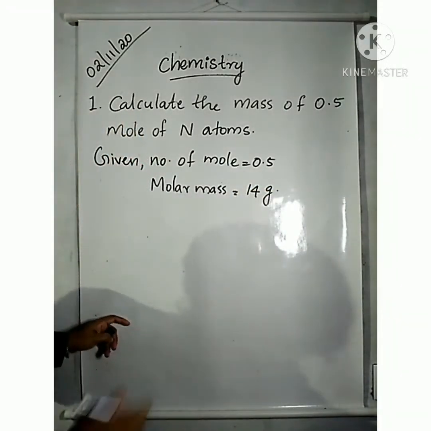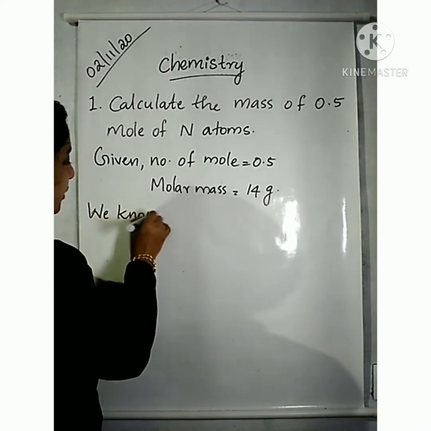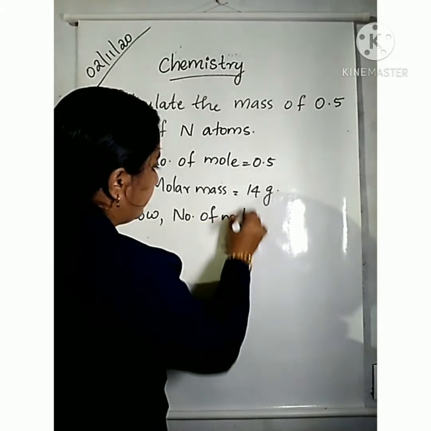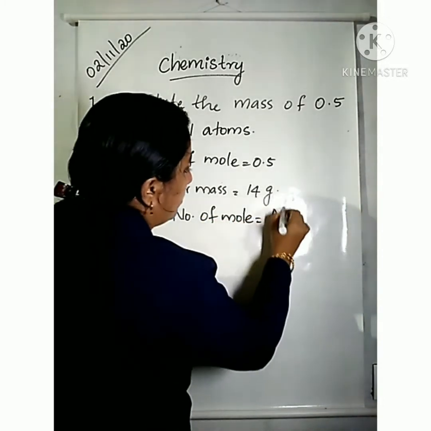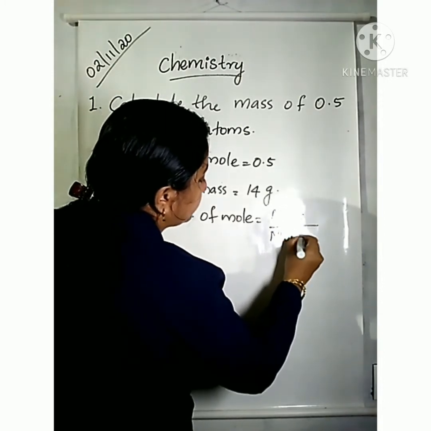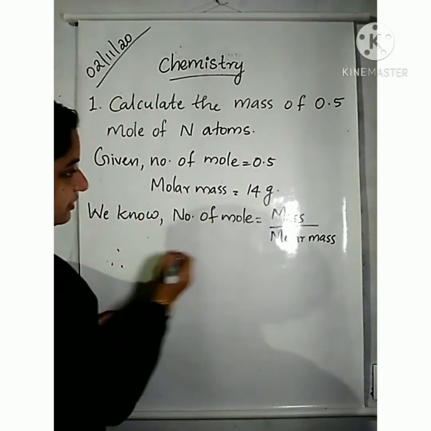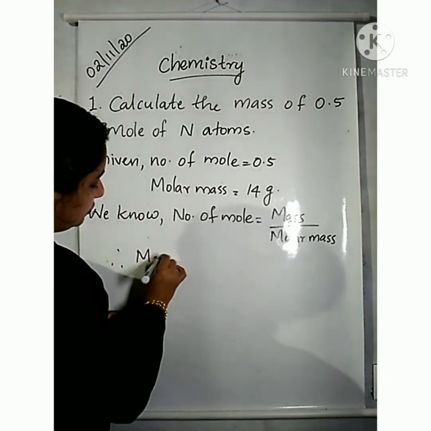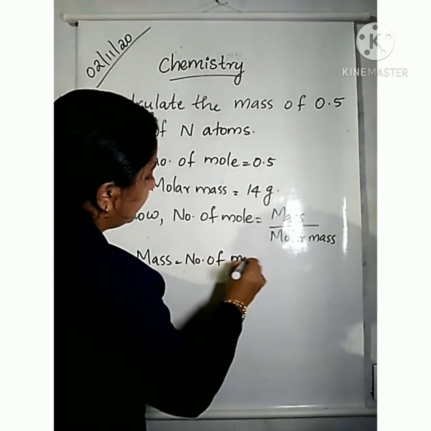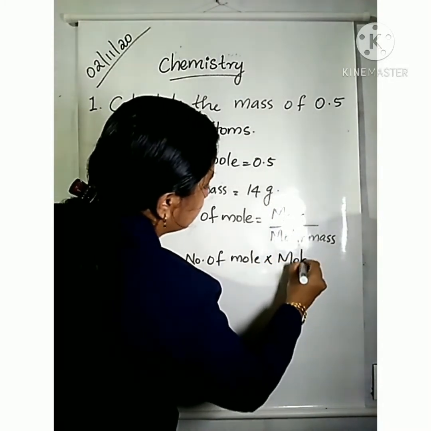That is fixed. Then we know the equation. We know number of moles equals mass by molar mass. Therefore, mass equals number of mole into molar mass.